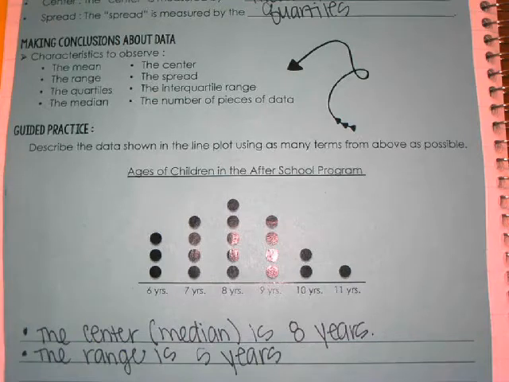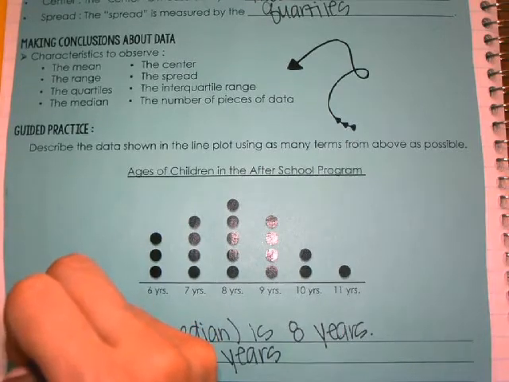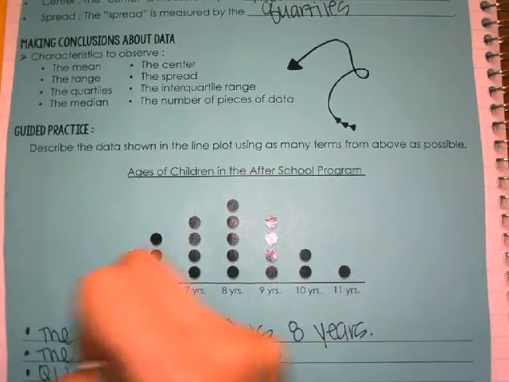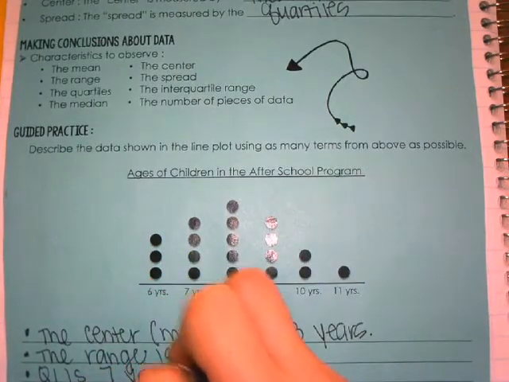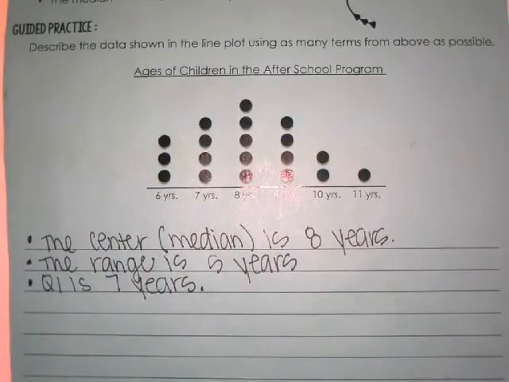What else could we say? Jace? The first quartile is 7 years. Okay. It is. So quartile 1 is 7 years. Sam?